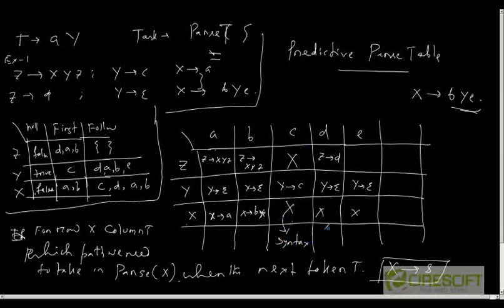You have to report that it is a syntax error. In this way we create a predictive parse table, and using this parse table we take the decision as to which production I need to take at a given point of time. Okay, thanks.